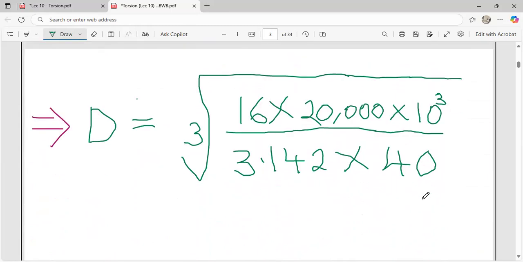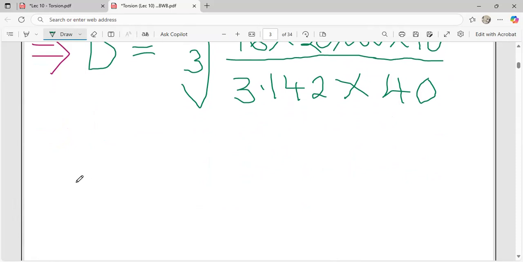Okay, so let's take the cubic root of 16 times 20,000 multiplying 1,000, or 10 exponent 3, all over 3.142 times 40. Let's punch that on the calculator together. At the end of the day, what are we going to get?